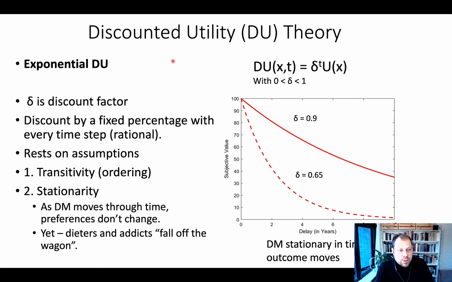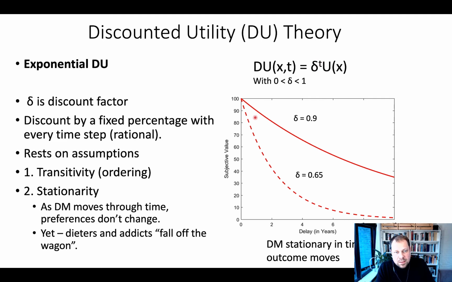The first model that was suggested to describe these types of behaviors is exponential discounted utility. What we have here is this delta parameter, which is the discounting parameter that determines the slope of the discounting function. You can see this nicely here. This is a delta parameter that's close to 1. It's close to linearity, obviously. This is, after all, a power function.